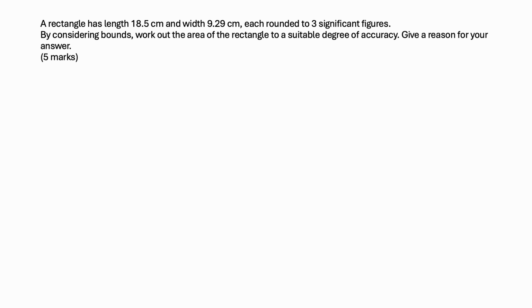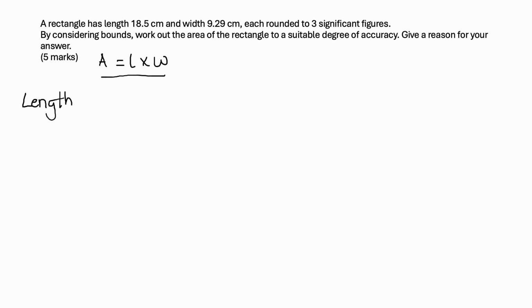So, area of a rectangle is length times by width. Let's write that down first. But what we need to do, as always, as this is a bounds question, is work out our upper and lower bounds for our length and our width. So let's look at length first.